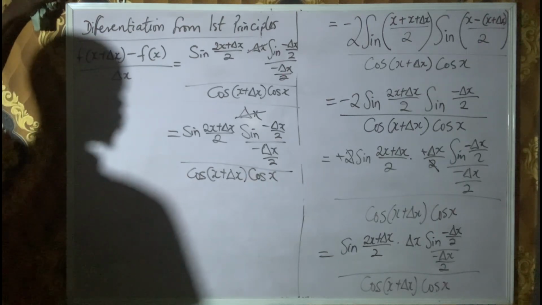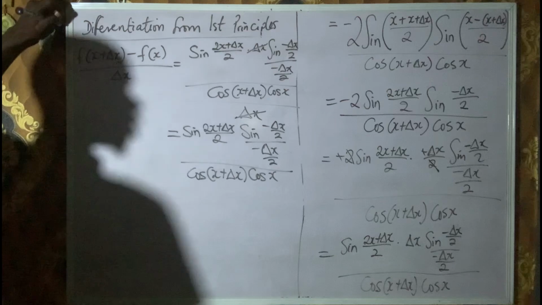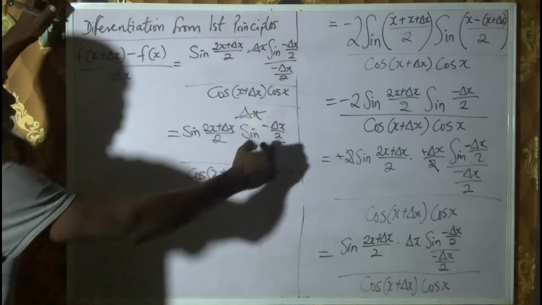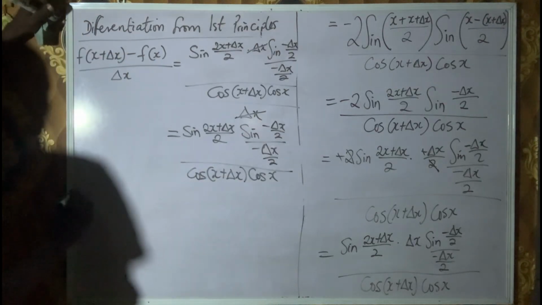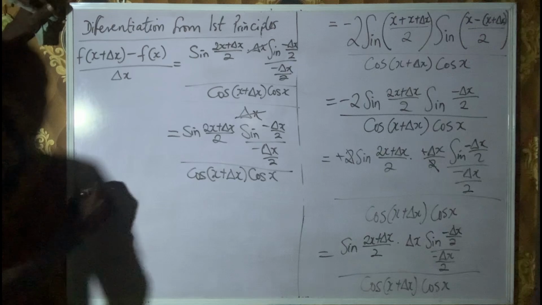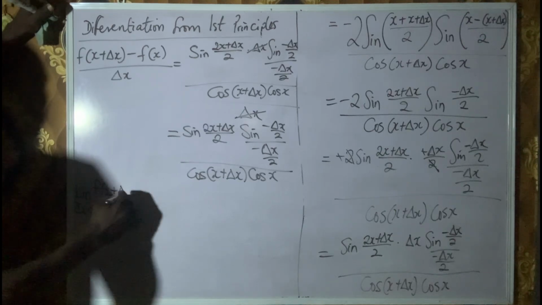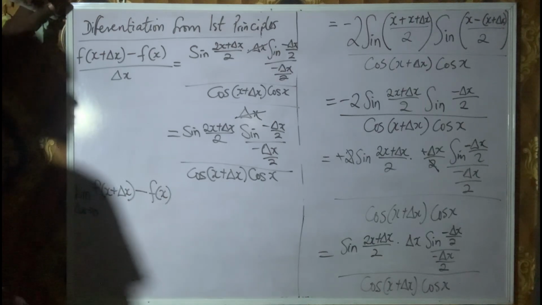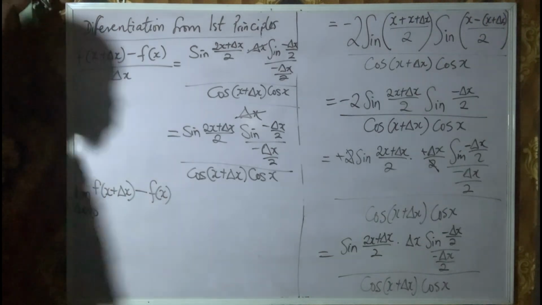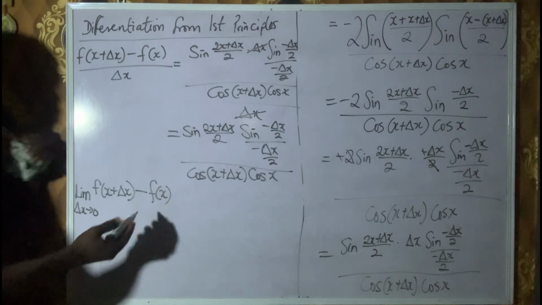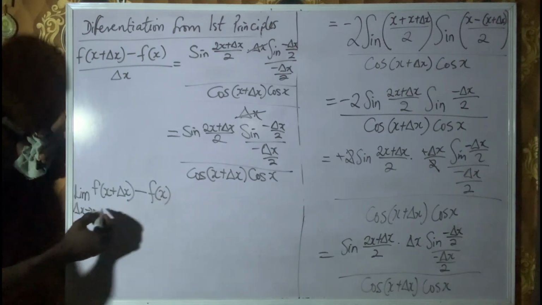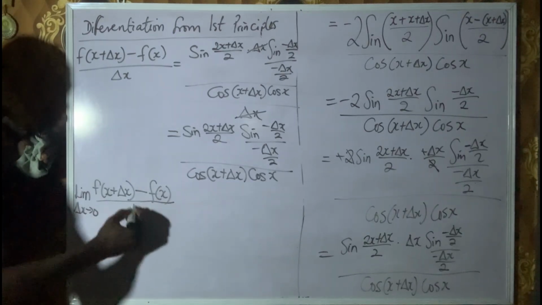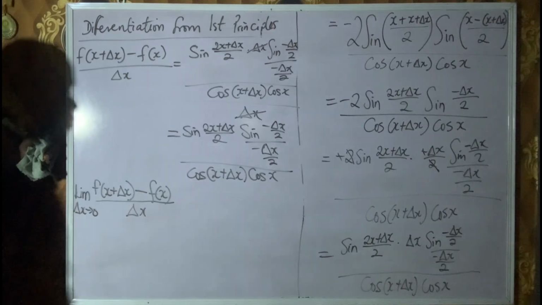So if you observe this, you can see we can take the limit now. And if we take the limit, this is a special limit, which is 1. So I can come here and say take the limit as delta x tends to 0 of f of x plus delta x minus f of x all over delta x. Are we good?